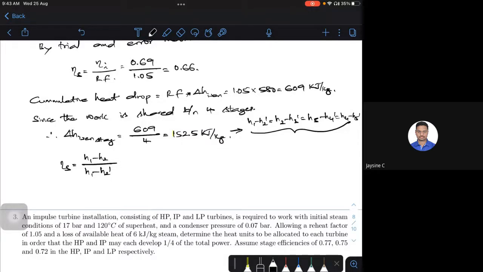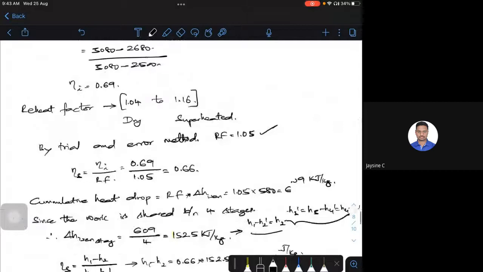So then I can easily find H1 minus H2, which is equal to the stage efficiency 0.66 into 152.5. This is the actual enthalpy drop of the first stage, which is 100.65 kilojoules per kg. All these are based on your assumptions with respect to the reheat factor.